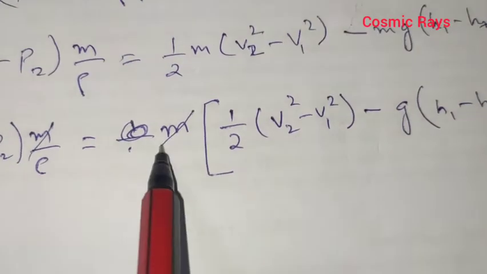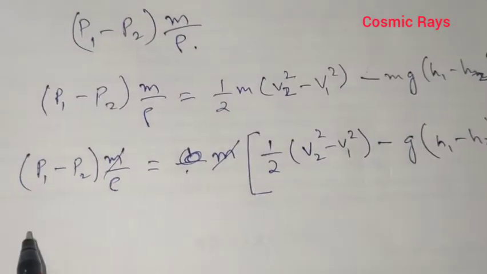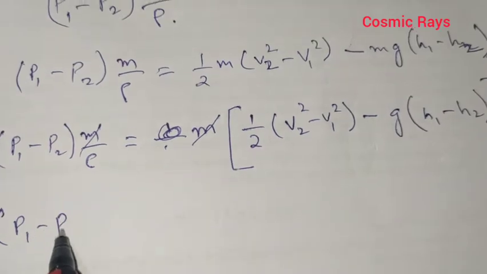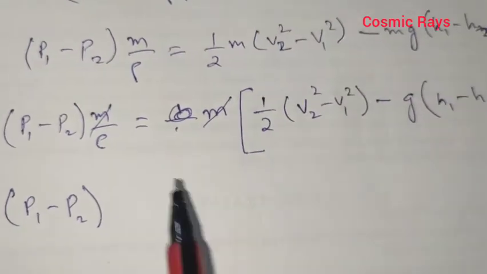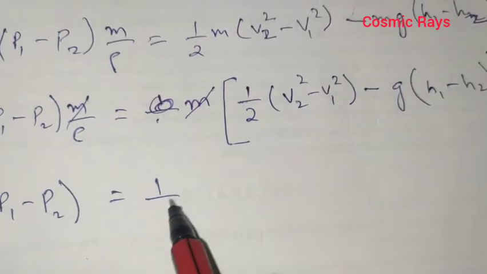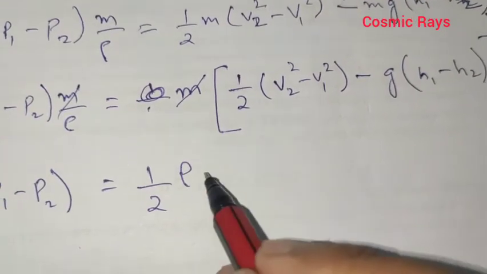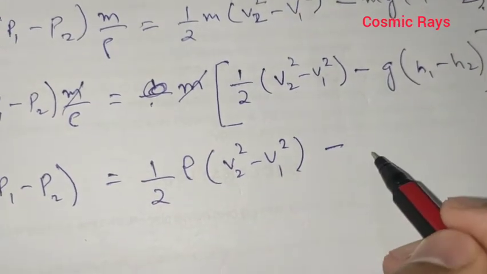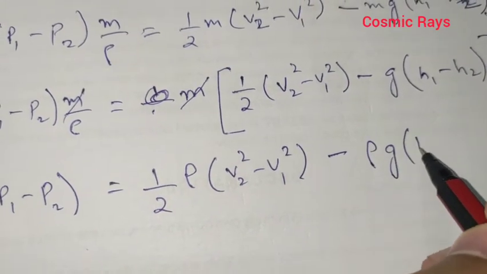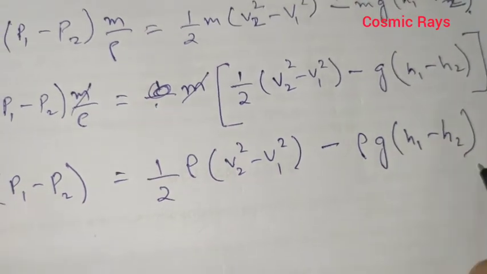So m and m cancel out, and we have P1 minus P2. We cross multiply this rho to the other side. So then we have half rho, V2 square minus V1 square, plus rho g, h1 minus h2.